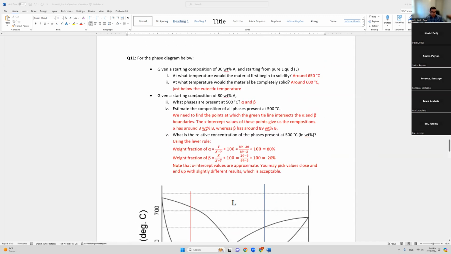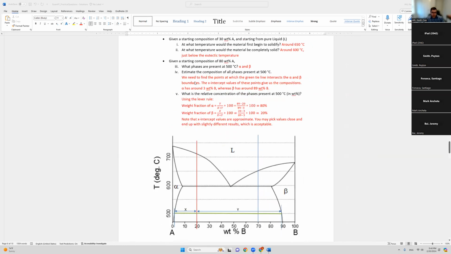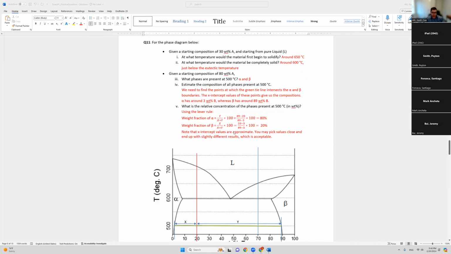All right, for the phase diagram given below, given a starting composition of 38% A and starting from pure liquid, at what temperature would the material first begin to solidify, and at what temperature would the material be completely solid? So pay attention to this part.